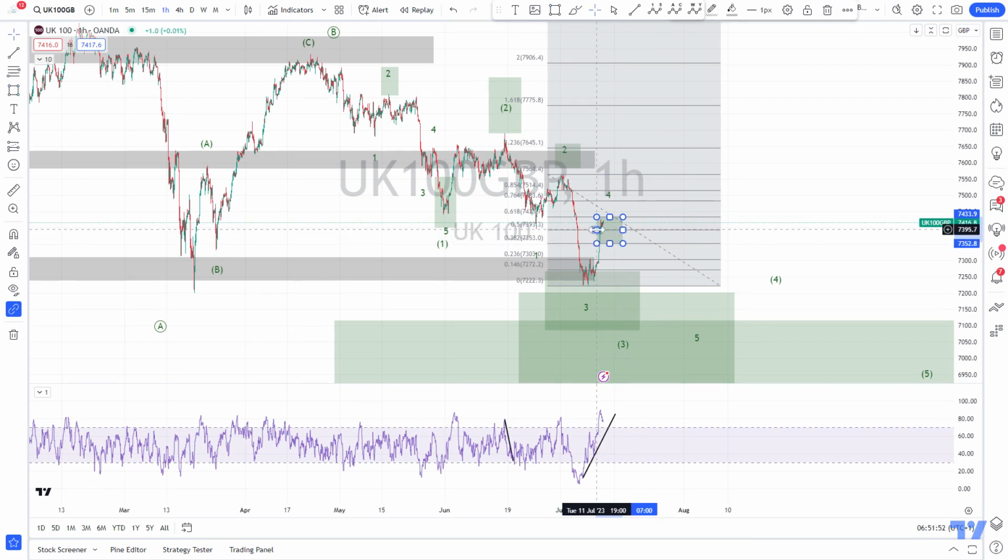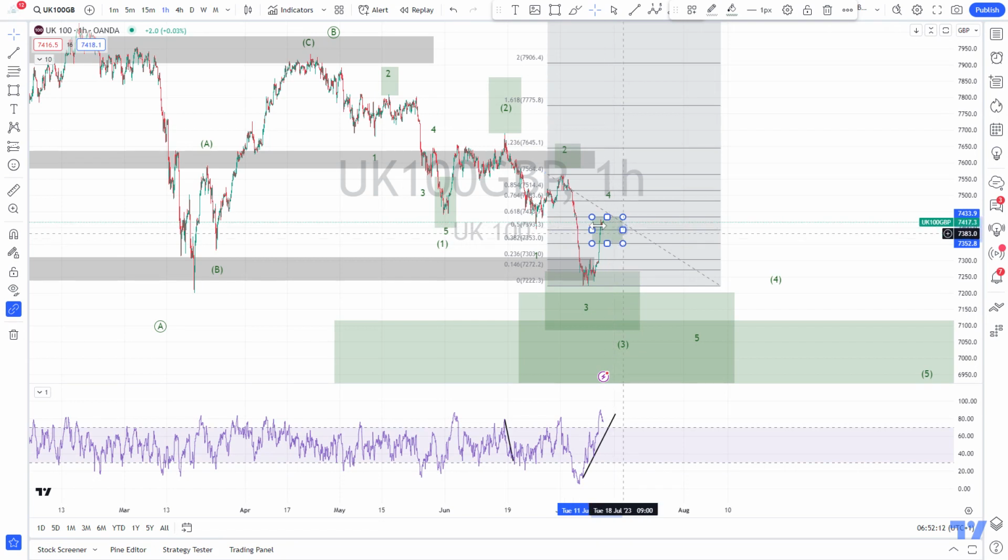According to the rules, a wave 4 cannot retrace more than the 0.618 fib retracement. We are actually almost there, and personally I even prefer to use the 0.5 fib level.